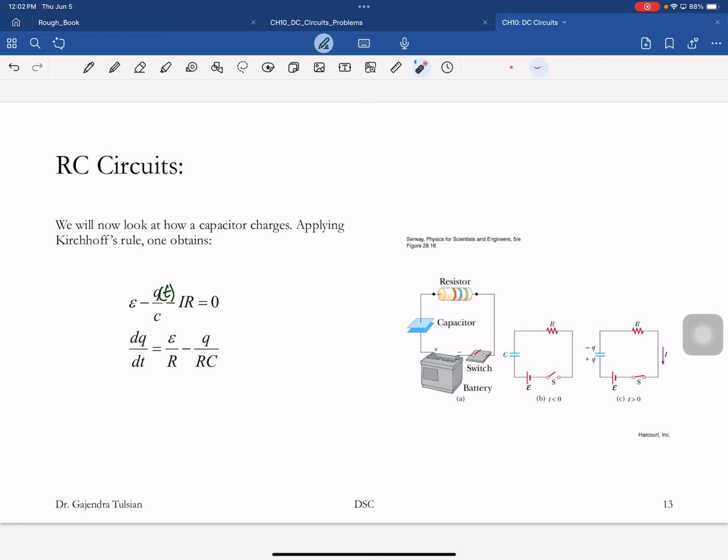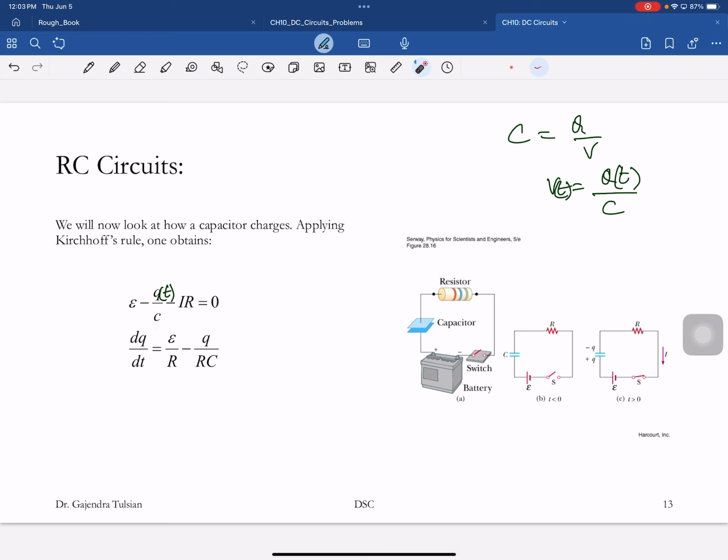So it's minus Q(t) over C, because you're going from high to low. Remember, capacitance, charge, and voltage are related like that. So voltage across a capacitor is the charge on the capacitor divided by C. So that's that term.